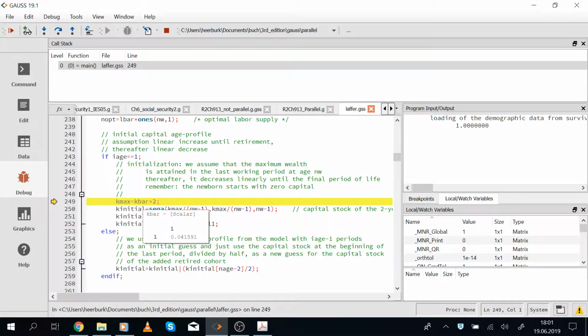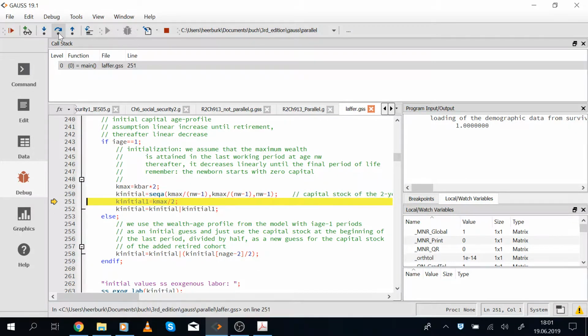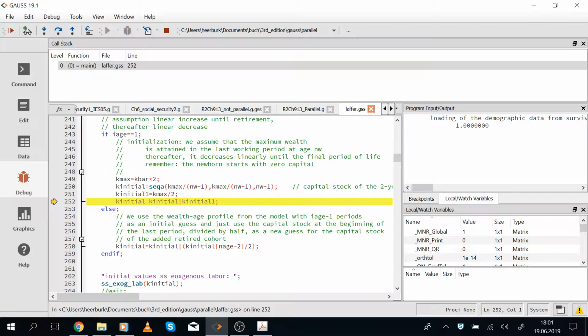And for the remaining life, which is just 1 year in retirement, we assume that we reduce it linearly until we die. So we divide it by 2, so we just save half of it for the very last period of our life. This is our initial profile for the capital stock.